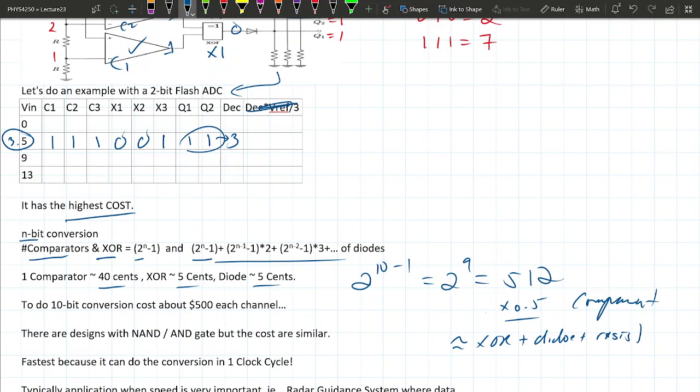So basically it's going to be 500 bucks for you to convert a signal at 10 bits. And 10 bits only gets you from 0 up to 510, 511. Sorry, because there's always an additional minus 1 here, because you have to count the 0.